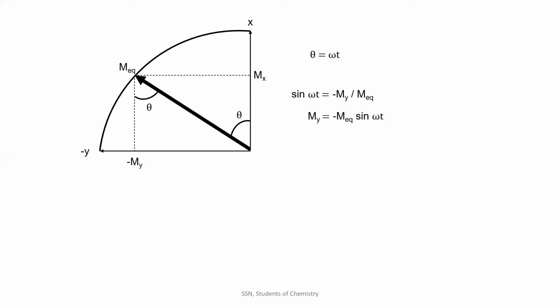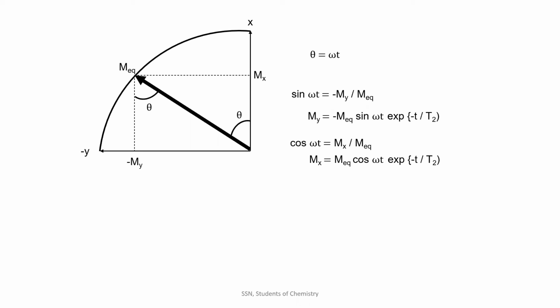And similarly, from the right angle triangle, we get cos omega t is adjacent side by hypotenuse, which is Mx by M equilibrium. And while rearranging, we get Mx is equal to M equilibrium into cos omega t. And to these equations, if we add the decaying contributions of spin-spin relaxation, we will get a negative exponential. So this negative exponential will be exponential of minus t by T2.